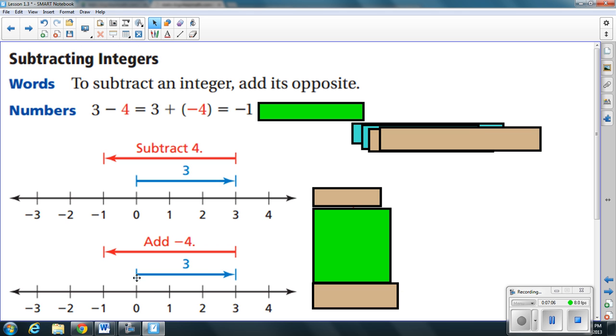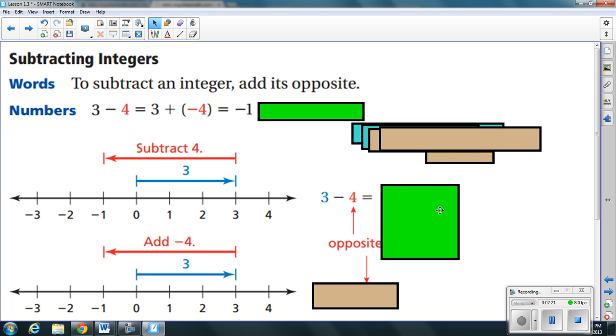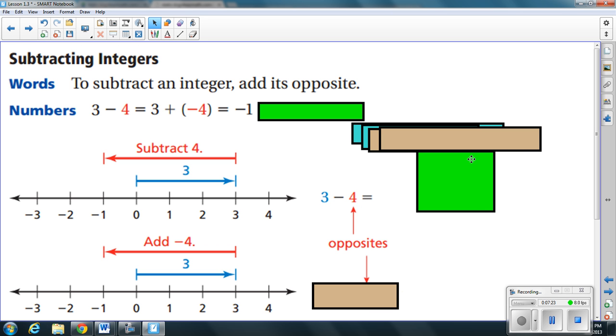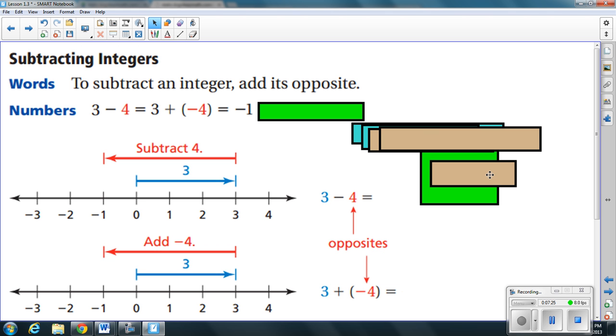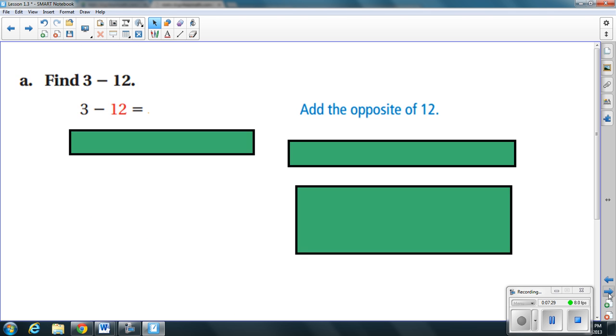Okay, and another way is to take a look at 0, go to positive 3, and then plus negative 4. Well, it still means go back 4 units. I still end up at negative 1. Alright, and there's just a little model for you.